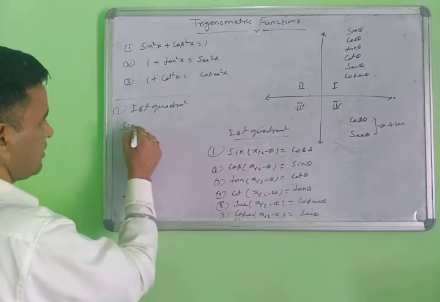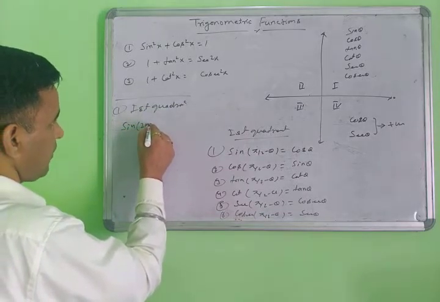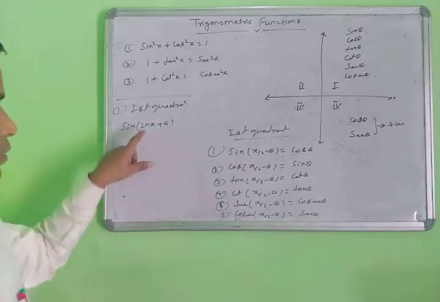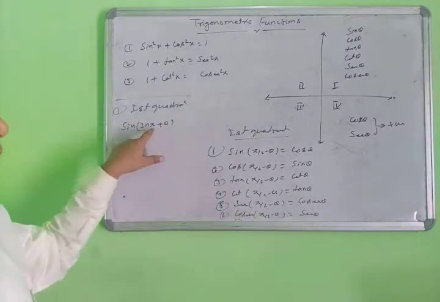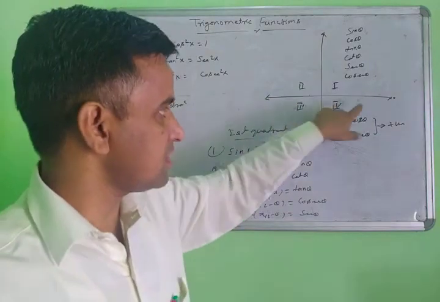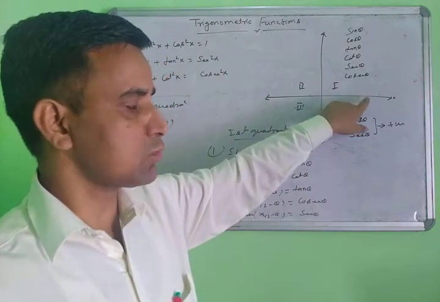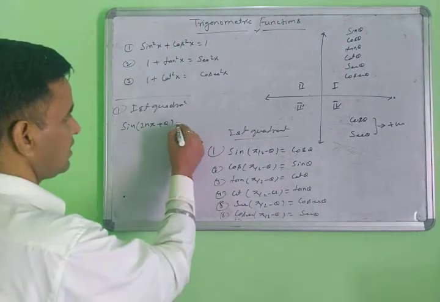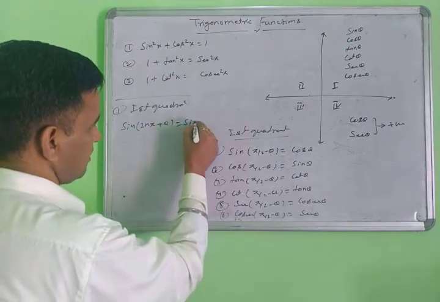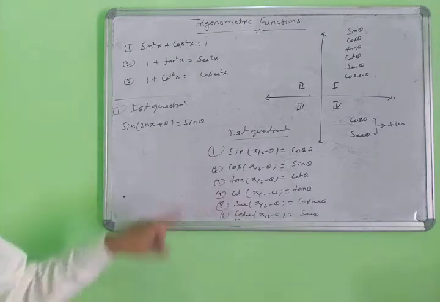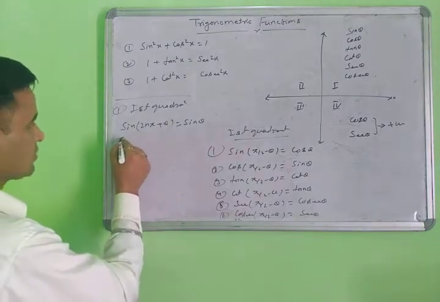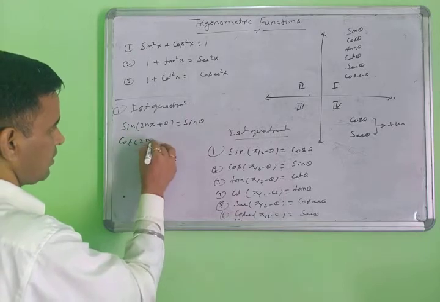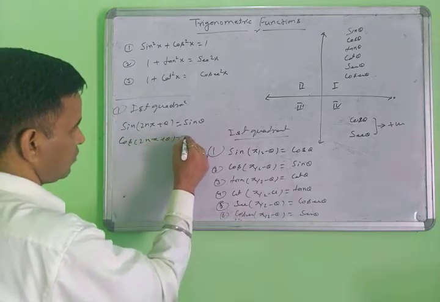Suppose you write sin of 2n pi plus theta. Now look at 2n pi. 2n pi means 2 pi, this is 360 degrees. If you add 2n pi, you come in the first quadrant. So sin of 2n pi plus theta is sin theta. Second, cos of 2n pi plus theta equal to cos theta.